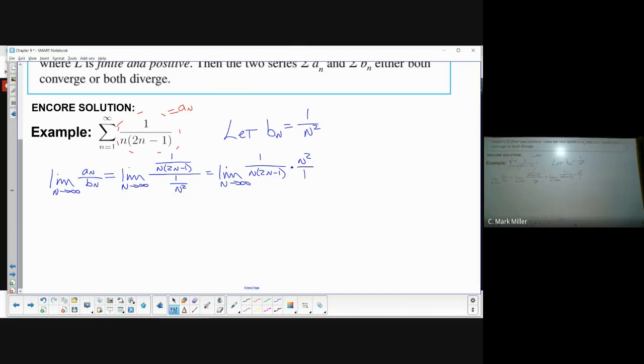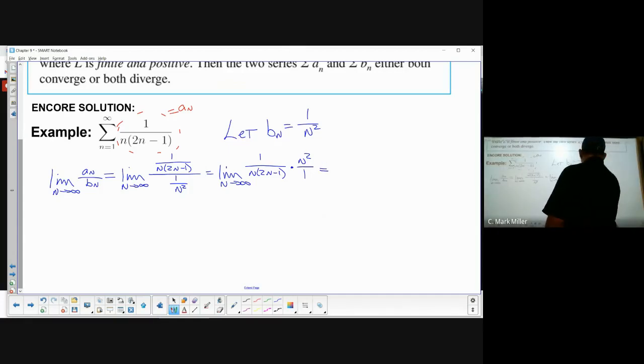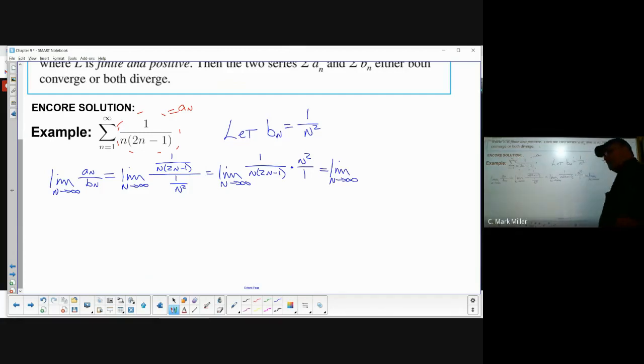Okay. That's going to equal the limit as n goes to infinity. The top is n squared. The bottom is 2n squared minus n. Right, that denominator is 2n squared minus n.